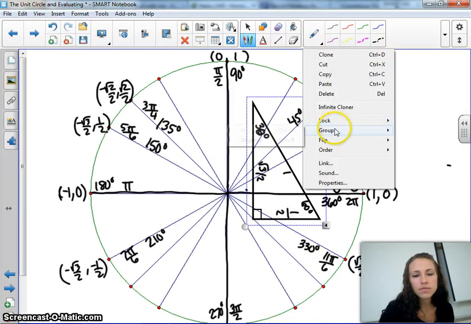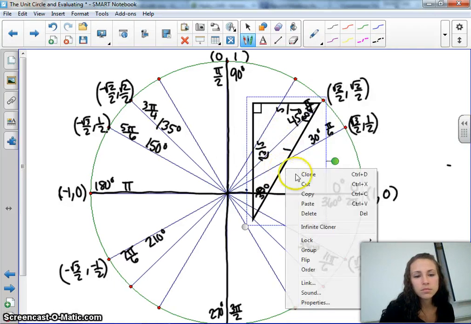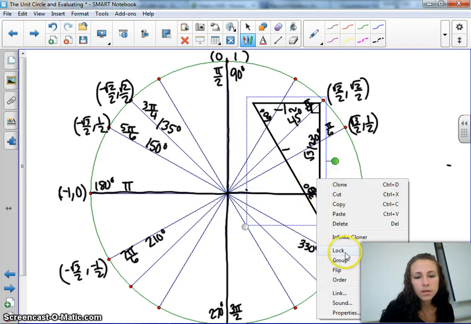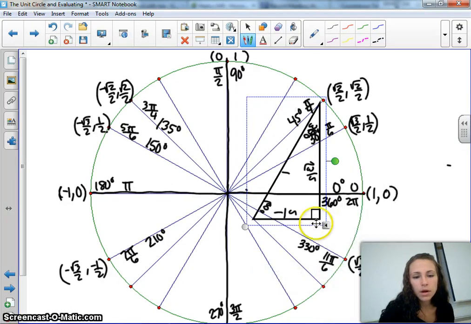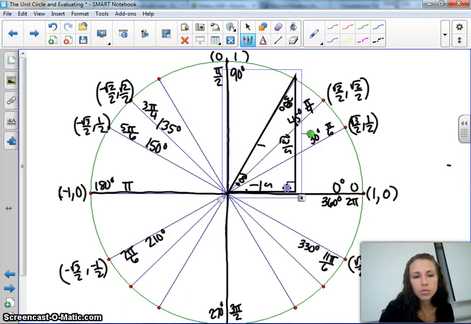And in order to make it fit in my first quadrant, I'm going to have to flip it. Let's flip it again. I flipped it the wrong way. Alright, so I'm going to have to flip it like this, because now it will fit in right here.